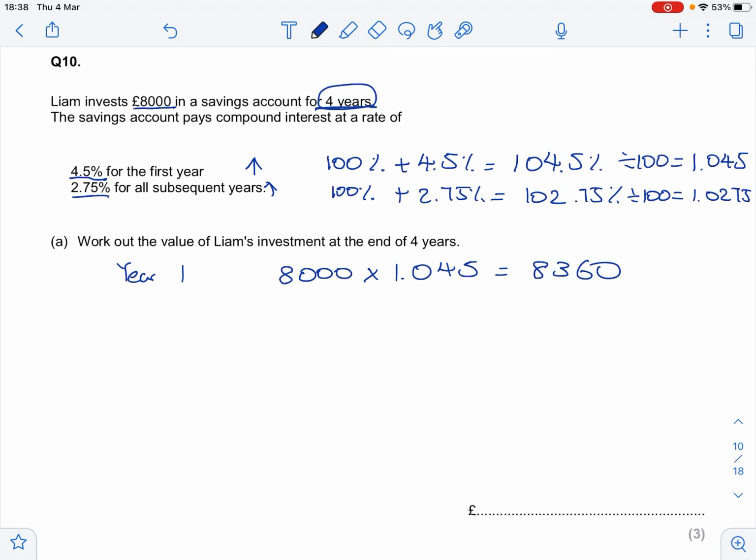We had 1 year already, so we have another 3 years. To work out the compound rate, at the end of year 1 we have 8360 multiplied by 1.0275, and we have another 3 years. So you should get 9068.84.